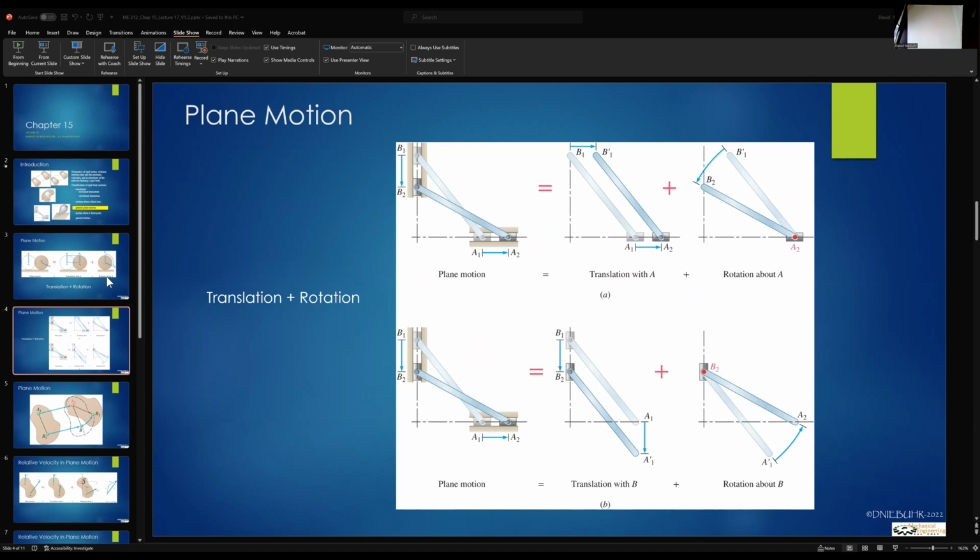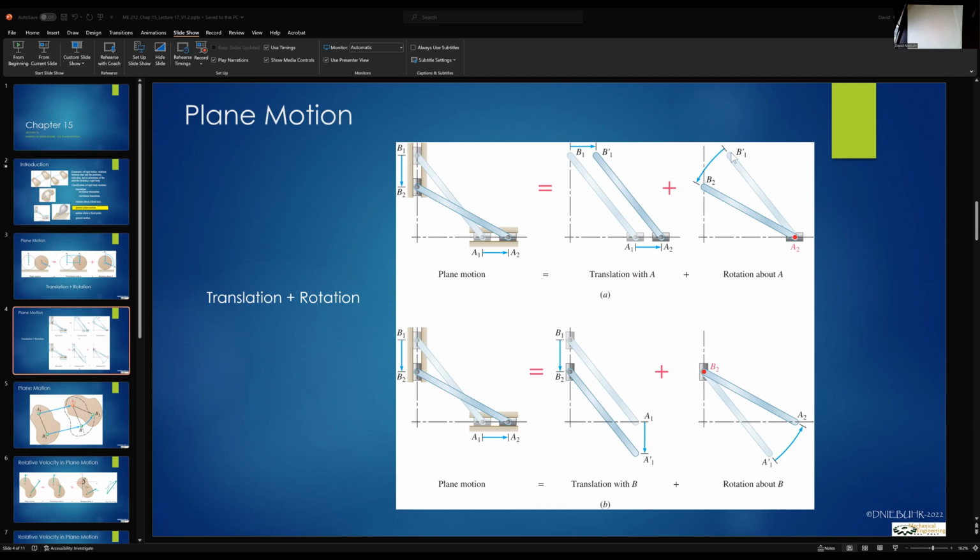I'm showing this example because it is a good example of both translation and rotation. As you can see, both B and A are constrained so that they can move either vertically or horizontally. If we want to describe that, the description would be the velocity of B, the velocity of A, and the rotation, or omega, of the bar AB.